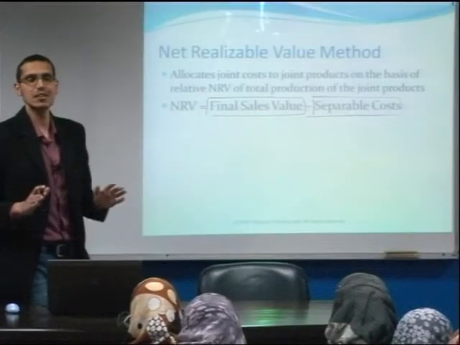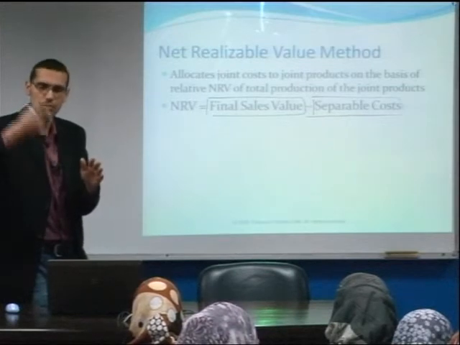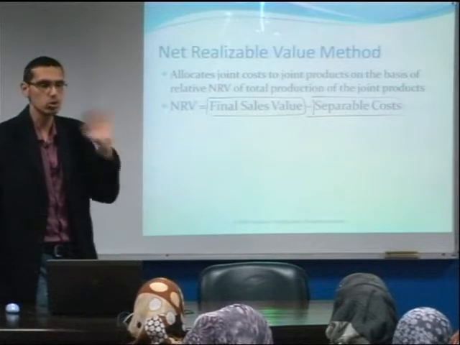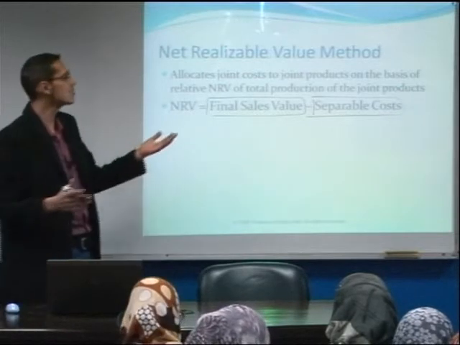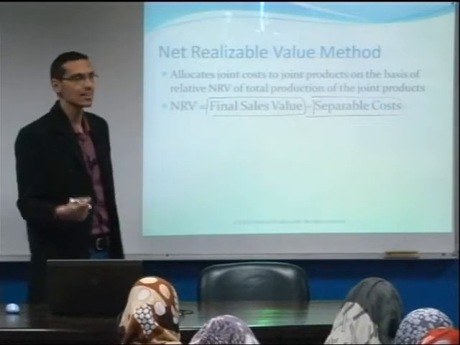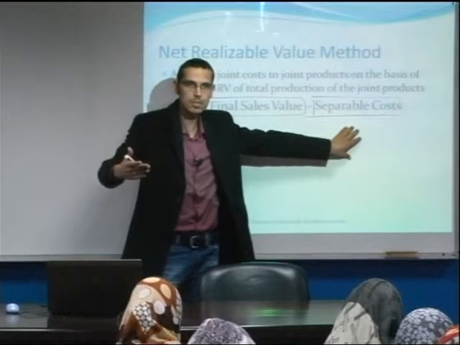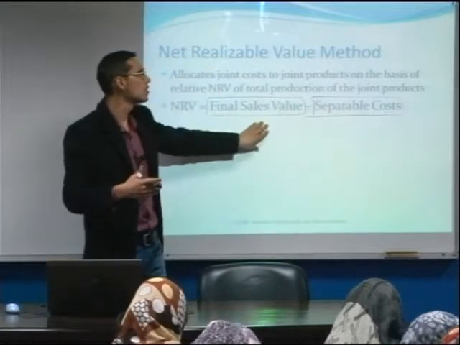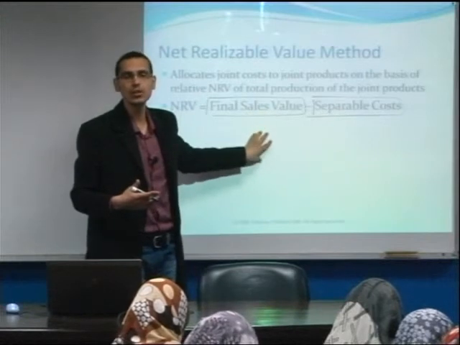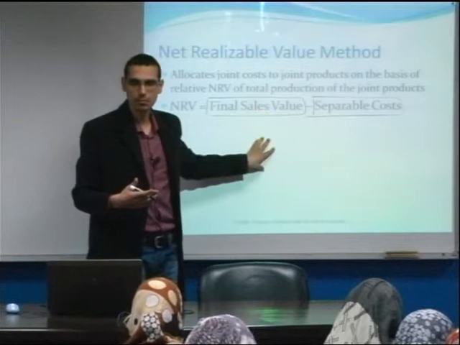And as we said last time, any cost that is incurred after the split-off point is called separable costs, not joint costs. Therefore, the net realizable value would be calculated by deducting the separable costs after the split-off point from the final sales value, which is the sales value after further processing.